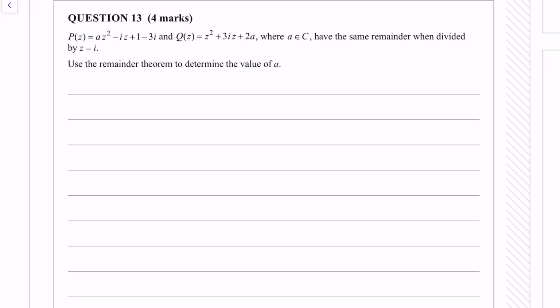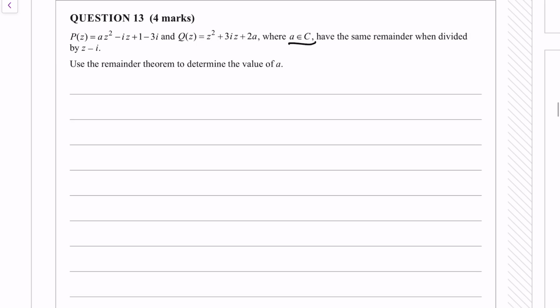All right, so question 13. The polynomials p and q, both in terms of z, where a is a complex number, have the same remainder when divided by z minus i. Use the remainder theorem to determine the value of a.